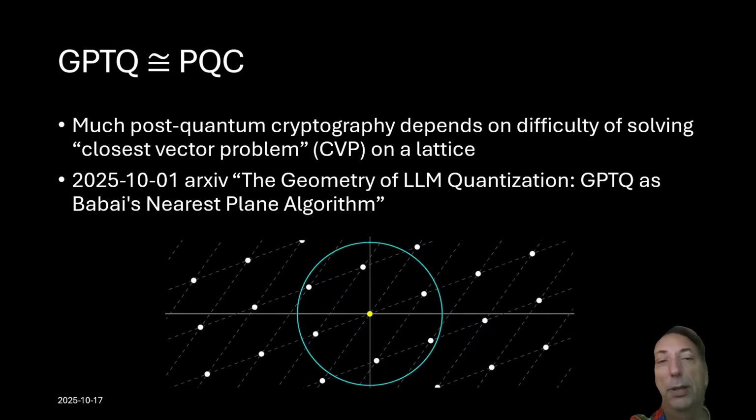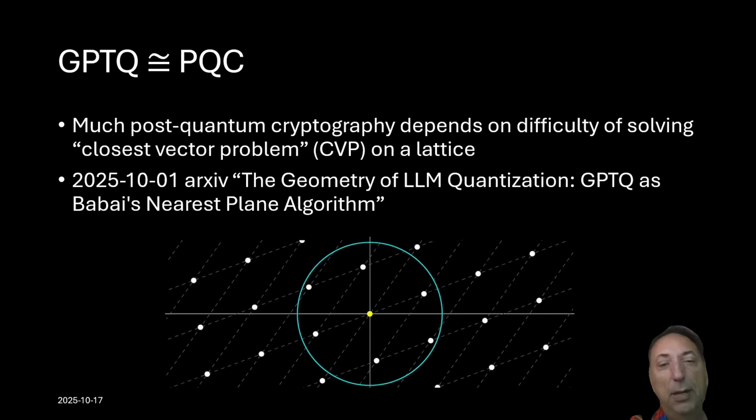So they're already looking at cryptography algorithms that cannot be cracked, or they think they cannot be cracked by quantum computers. And one of the leading algorithms for that is called the closest vector problem. And that is, if you're at the yellow dot, which of the white dots are closest, these intersection points within a lattice. And that's easy for this two-dimensional problem.